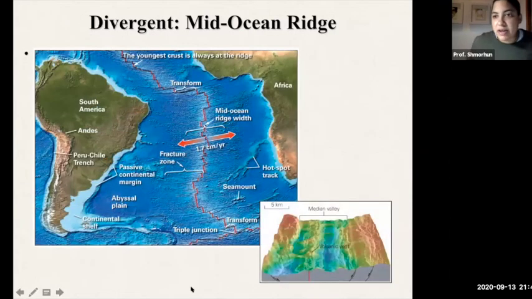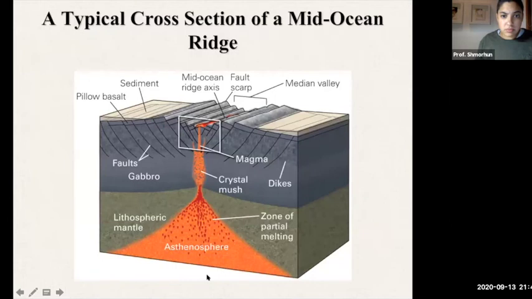A good example of a mid-oceanic ridge would be the Mid-Atlantic Ridge, which literally extends all the way down to the reaches of the Atlantic Ocean. Here's a typical diagram of a mid-oceanic ridge, where on either side of this block diagram here, you can see oceanic crust, with the center, this being the mid-oceanic ridge axis, where you actually see the separation of these two oceanic plates.